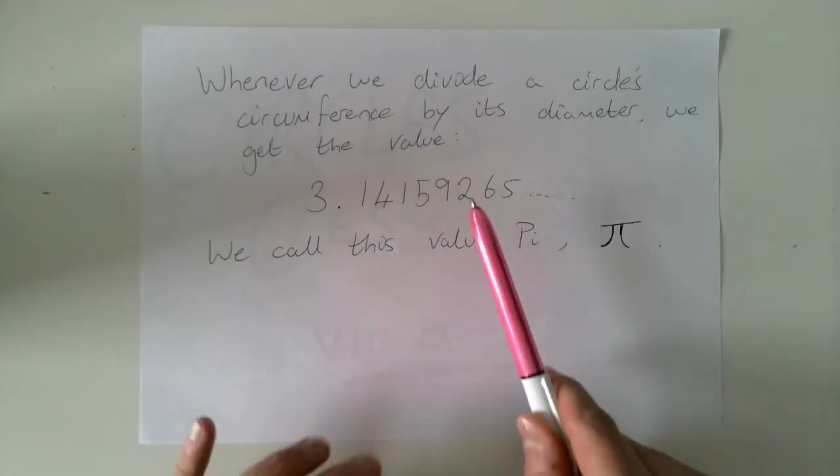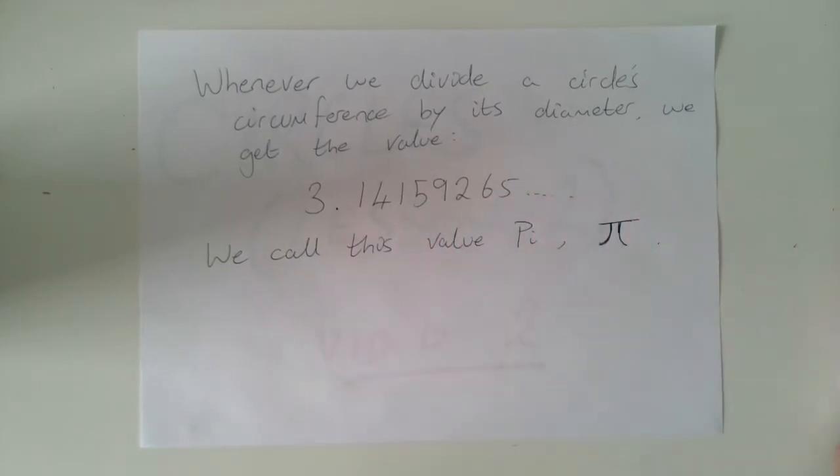Now pi is actually trillions of digits long, and up to now, we know what 6.4 billion of those digits are. I think the world record for reciting this number is about 70,000, which is huge.